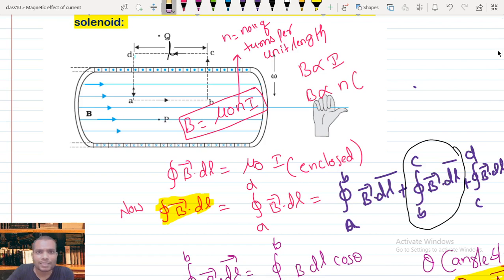And to find the direction, we use the right hand thumb rule. The right hand thumb rule gives the direction of the magnetic field. One side acts as a north pole and the other side acts as a south pole, like a natural magnet. So this is all about an application of Ampere's law, the current carrying solenoid.